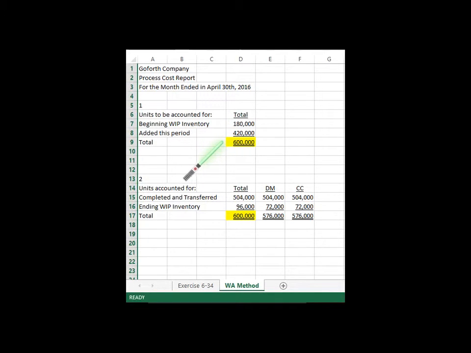Also, for units accounted for, there is completed and transferred, which in the original problem was started and completed as 504,000, and the units in ending work in process is 96,000.